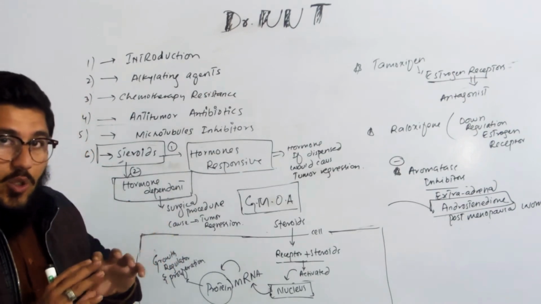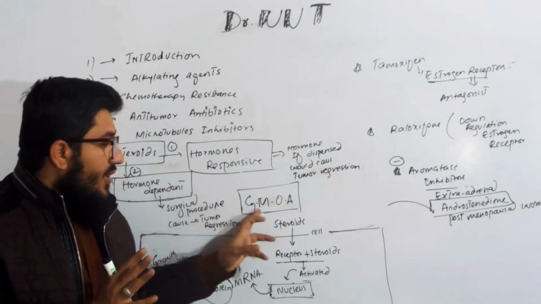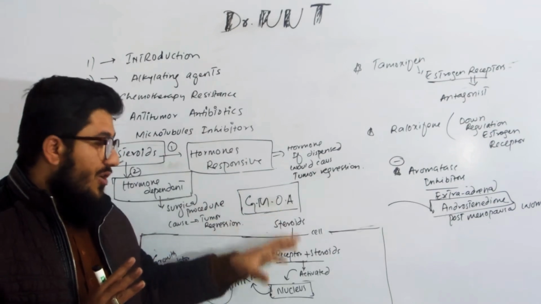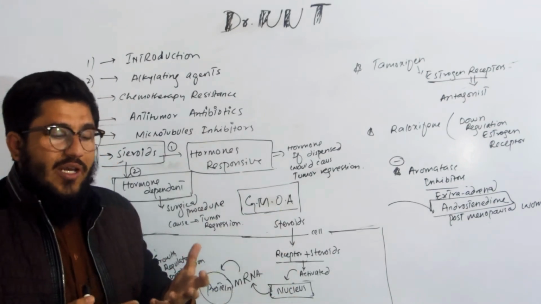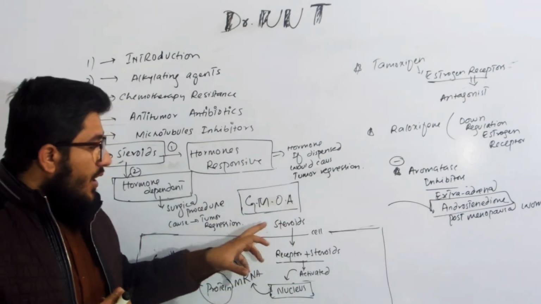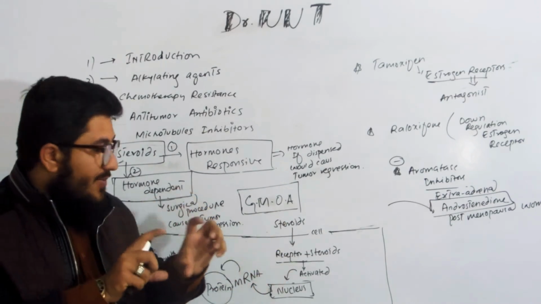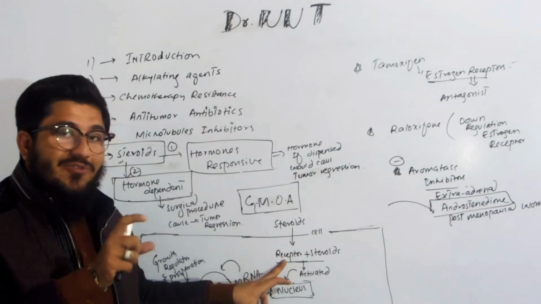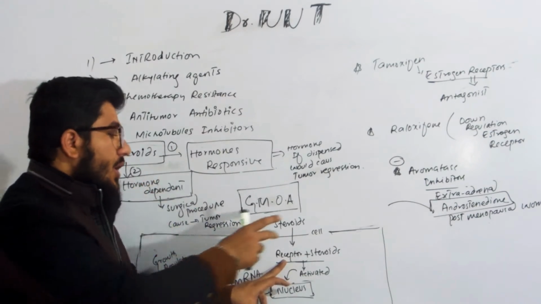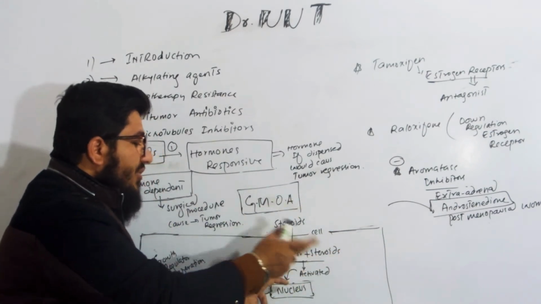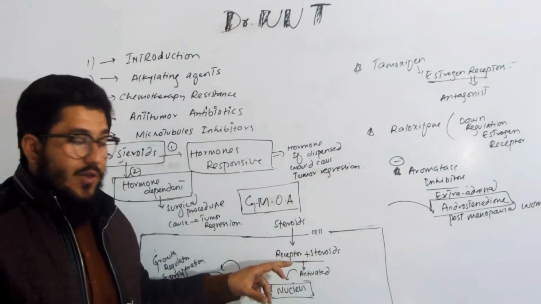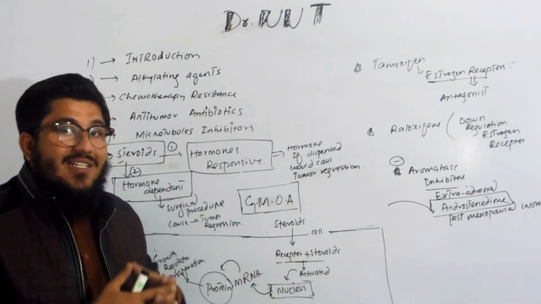First of all, let us understand the basics of how steroids do their action, or how a hormone like estrogen does its action. When estrogen or a steroid enters the body, the specific cell has a receptor waiting for that hormone. The steroid combines with the receptor, and the receptor becomes activated.